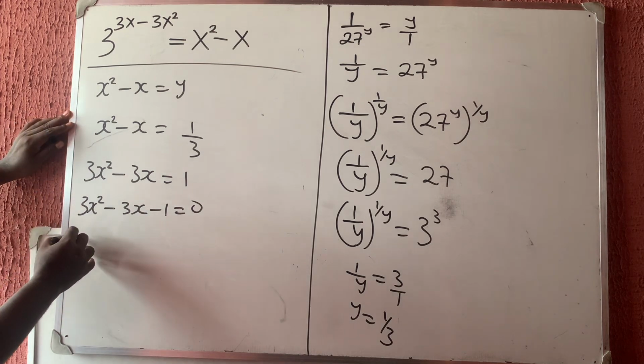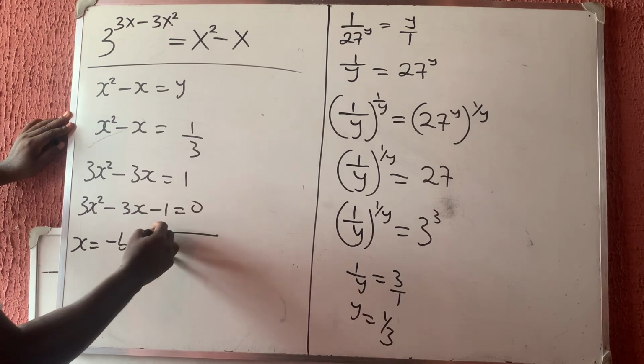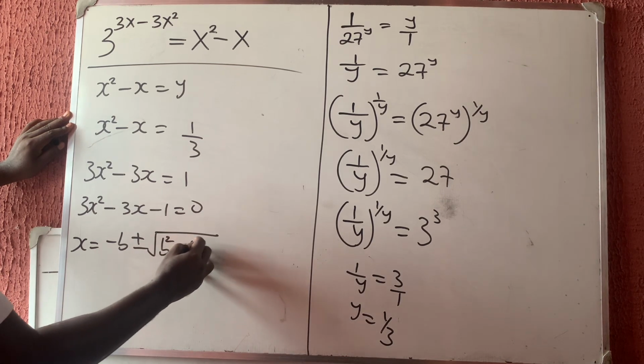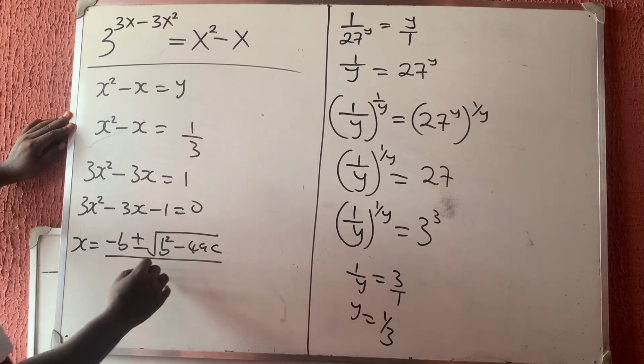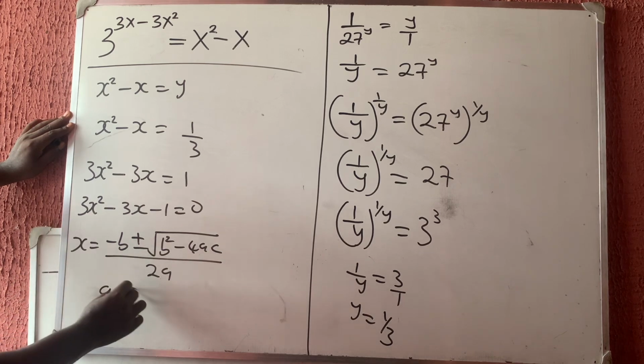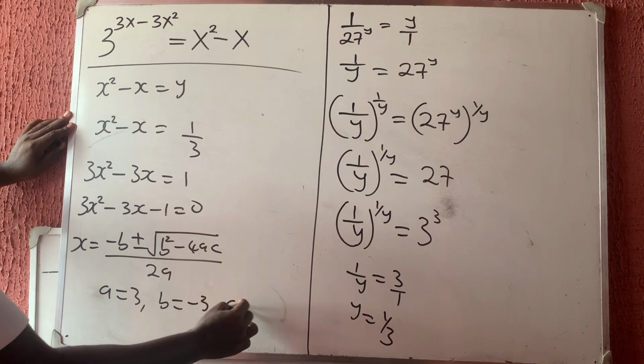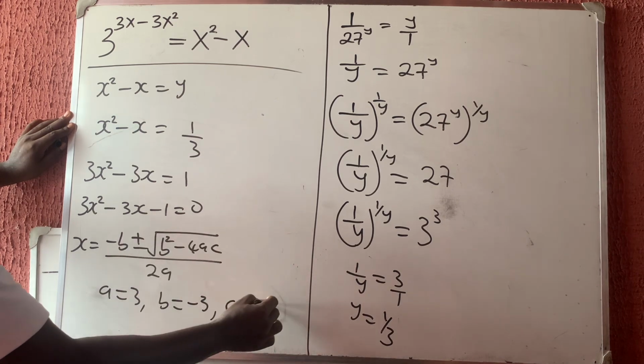So using quadratic formula, we have that x is equal to minus b plus or minus the square root of b squared minus 4ac, then everything over 2a. So my a is this coefficient, which is 3. My b is this coefficient, which is minus 3, while my c is the last man standing, which is minus 1.